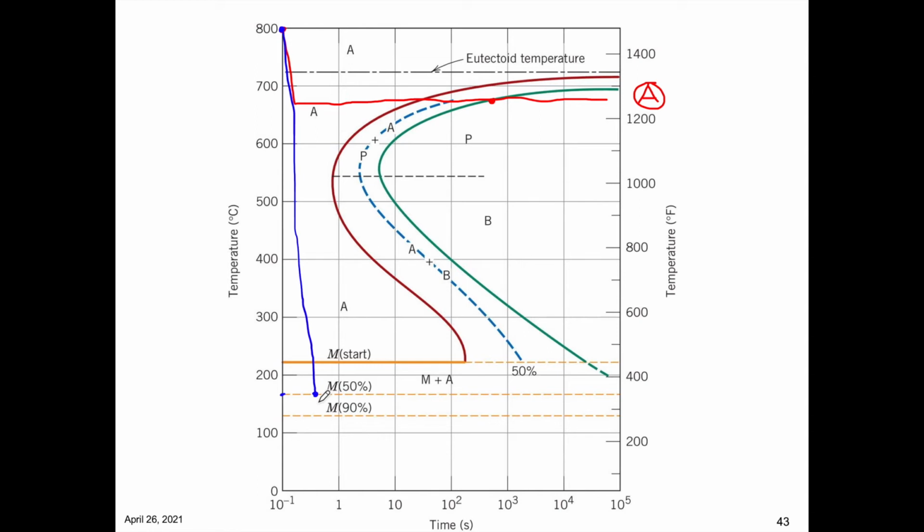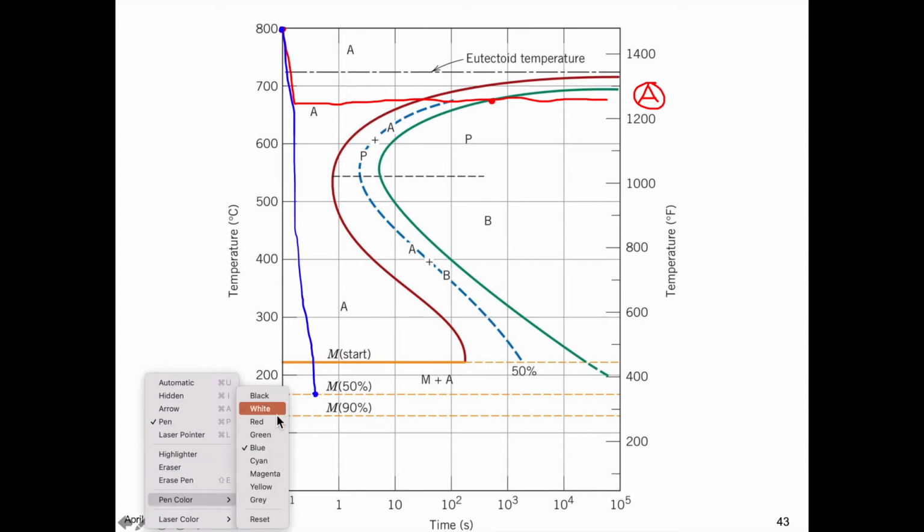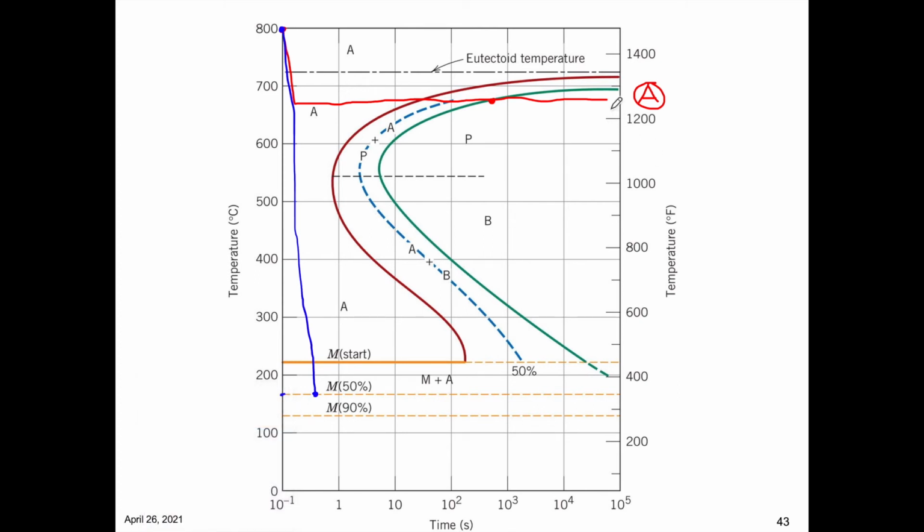So here's the kind of trick to this one. If we, like most of these, for example, let me go back real quickly and switch colors and consider the first path. So after this time right here, where we've reached the green curve, this is 100% coarse pearlite.